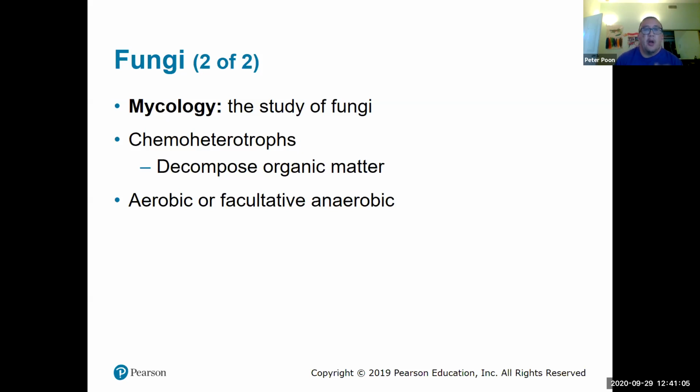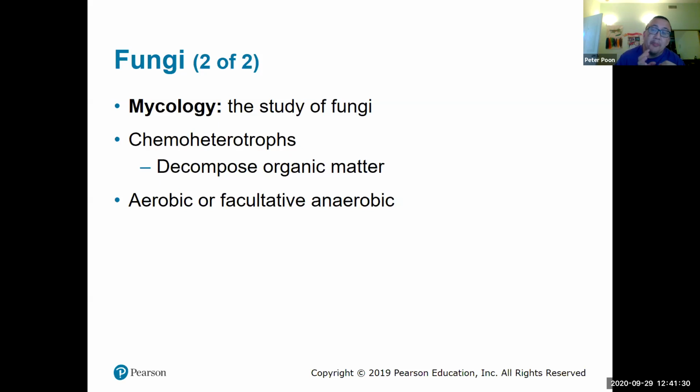Okay. So mycology is the study of fungi. Fungi are by definition chemoheterotrophs. Which means they have to eat organic matter. And since one of the other characteristics of fungi is that they have cell walls and they don't really move around all that much, they can't really go hunting for food.